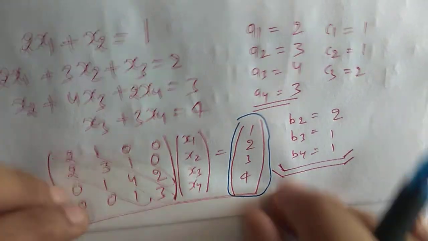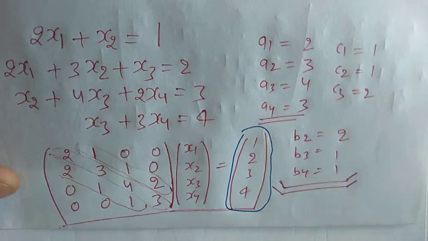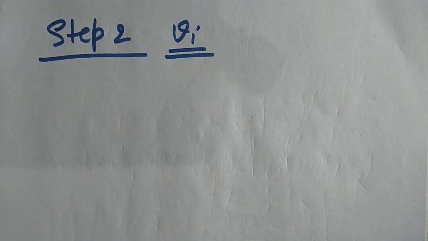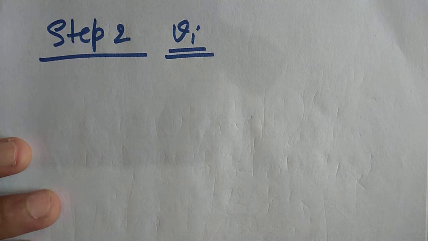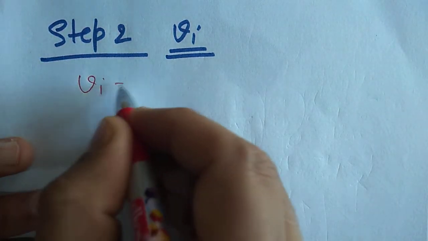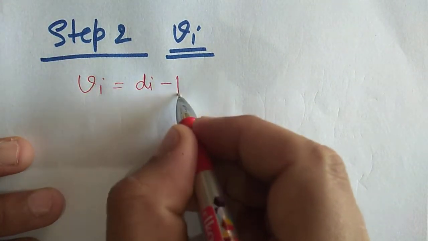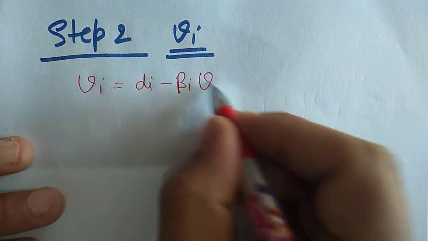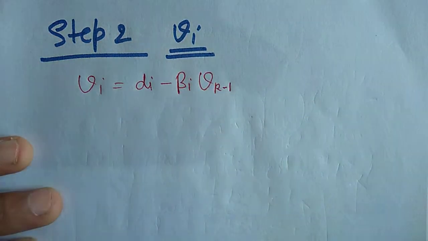For using this we have the calculation of Vi. So let us write the formula for Vi. We have Vi equal to di minus beta i V(i minus 1).